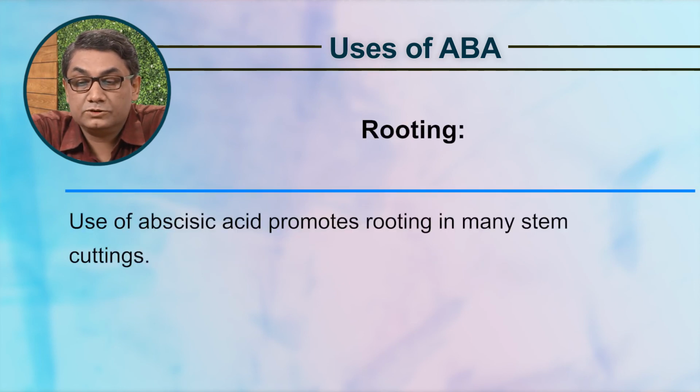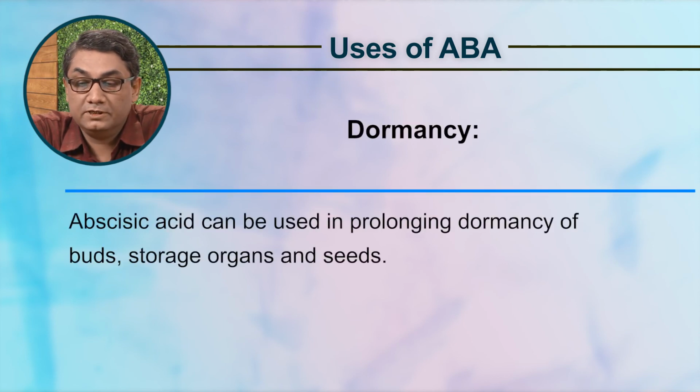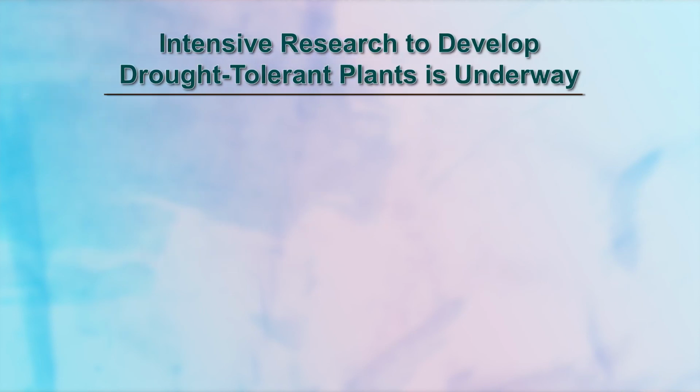It is also extensively used as a promoter of rooting in different stem cuttings. Another major use of ABA is prolonging the period of dormancy in buds, in storage organs, as well as in seeds.